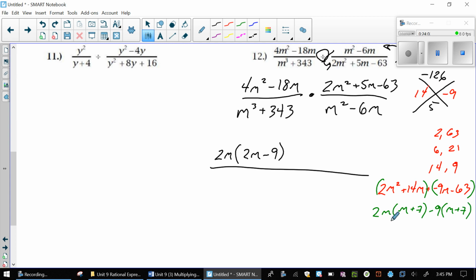Beautiful. That worked out so nicely. And there's my factors, 2m minus 9 and m plus 7.